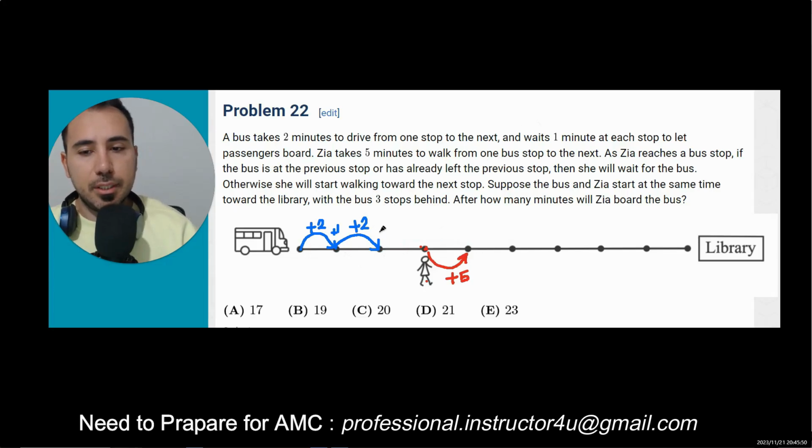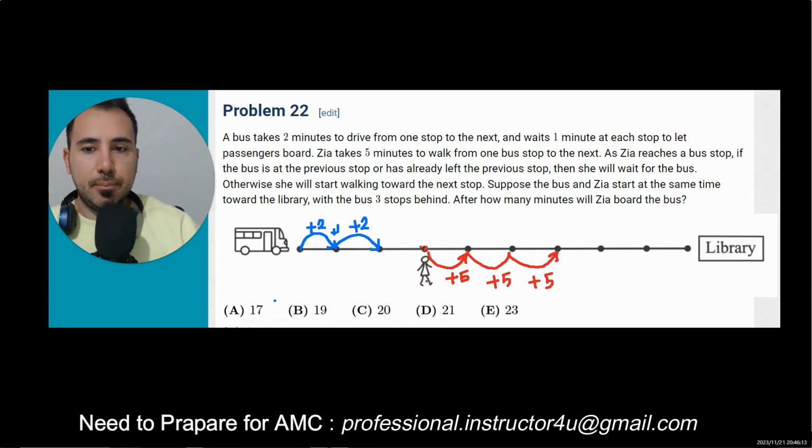And right now it's a good idea to look at the options. Because all the options are less than 15, let's see what happens after 15 minutes. Zia will go to this station, 5, 10, 15 minutes.